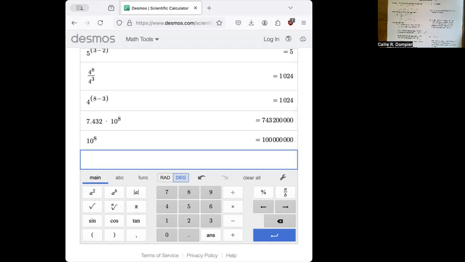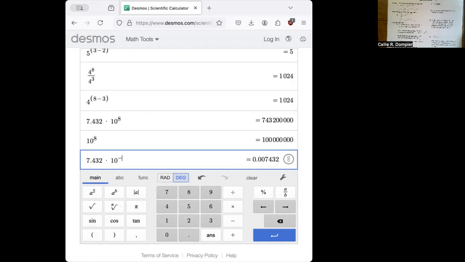And then if we take that same 7.432 times 10 to the power of, instead of 5, we're going to say negative 5. Negative 3. So negative 3, instead of a really big number, we're moving it behind the decimal point. We're moving it further back, so it's becoming smaller with each negative exponent. Good.